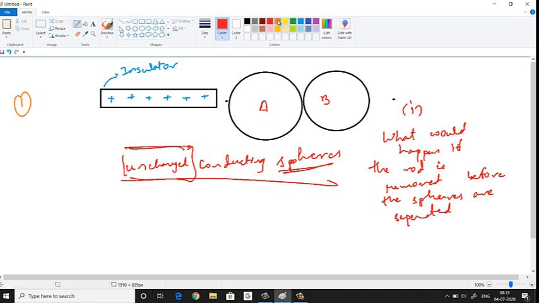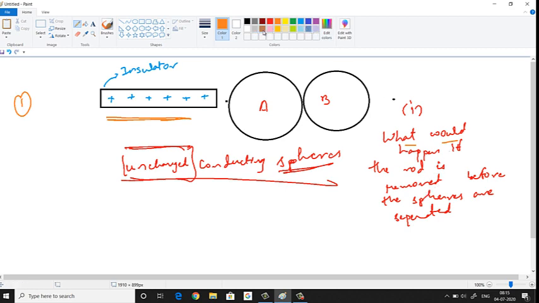Just now I told you, because of induction, these positive charges are going to attract negative charge on A. So because of induction, A and B are going to get charges. But the first question is, what would happen if the rod is removed before the spheres are separated?